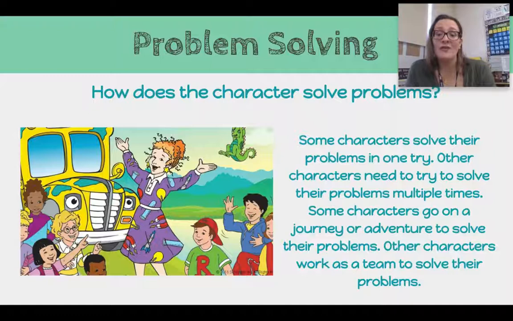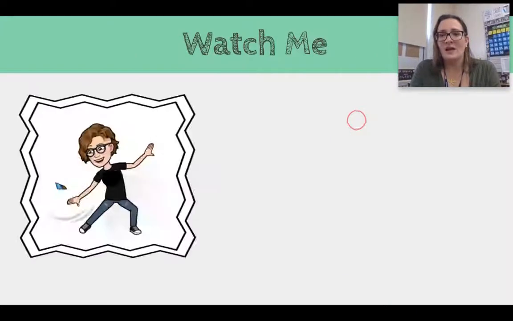So they always have a friend or a sidekick with them, and they work out those problems together. So there's a variety of different ways that characters can attempt to solve their problems. So today we're going to focus on the type of problems our characters might have and how they might solve their problems.